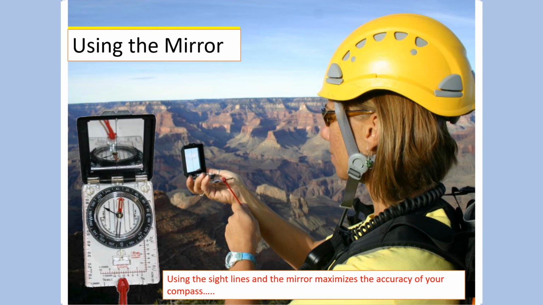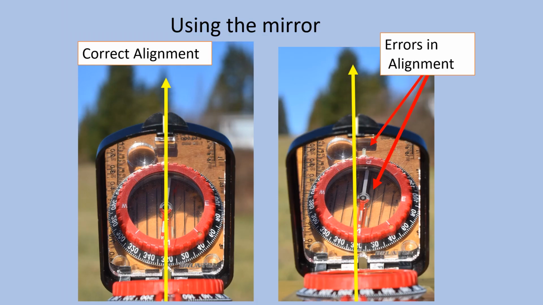The compass must be held level and there should be no local attractions. This part of your training should include field experience. Proper use of the mirror will enable you to achieve the maximum accuracy from your compass.